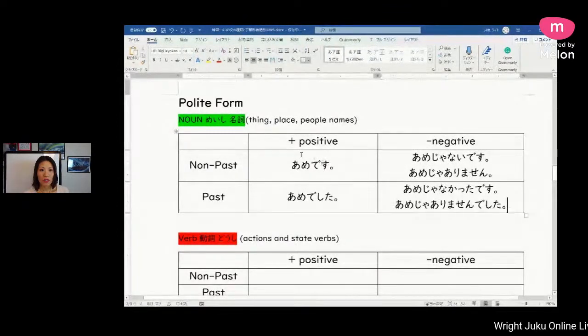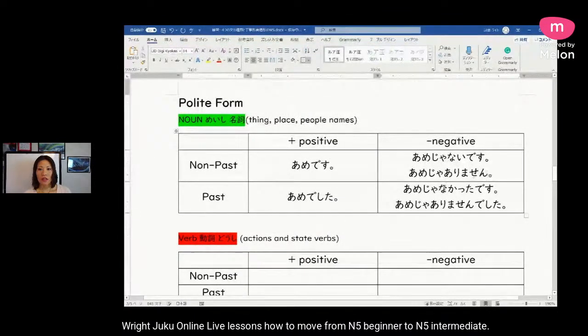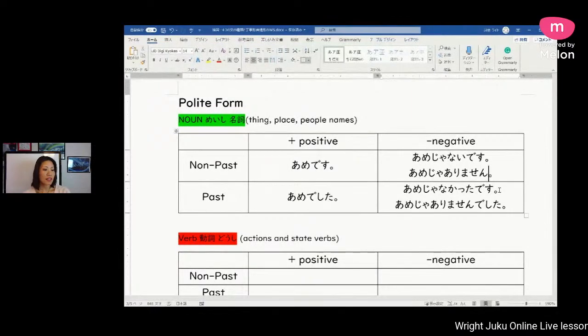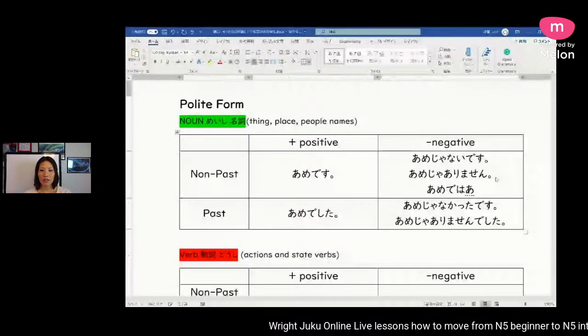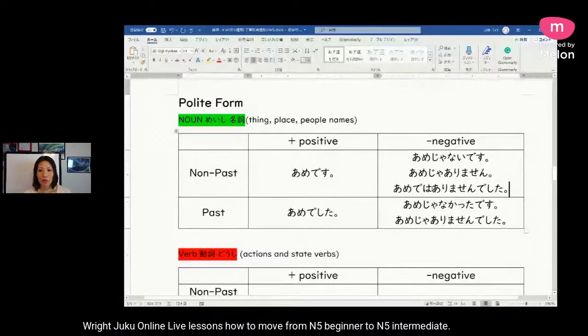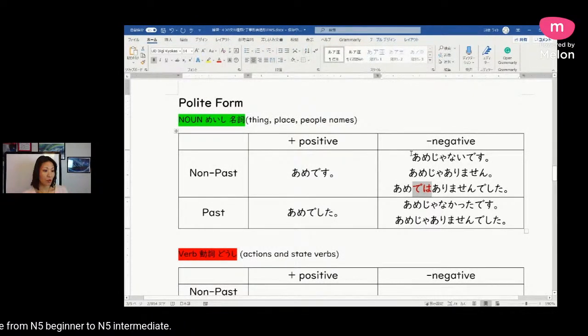Right? So now we have organized the non-past positive ame desu, past tense ame deshita, non-past negative ame ja nai desu or ame ja arimasen. Past tense negative 雨じゃなかったです。雨じゃありませんでした。Yes, you can use では as well. 雨ではありませんでした。そうです。雨では is a more polite way to say it.